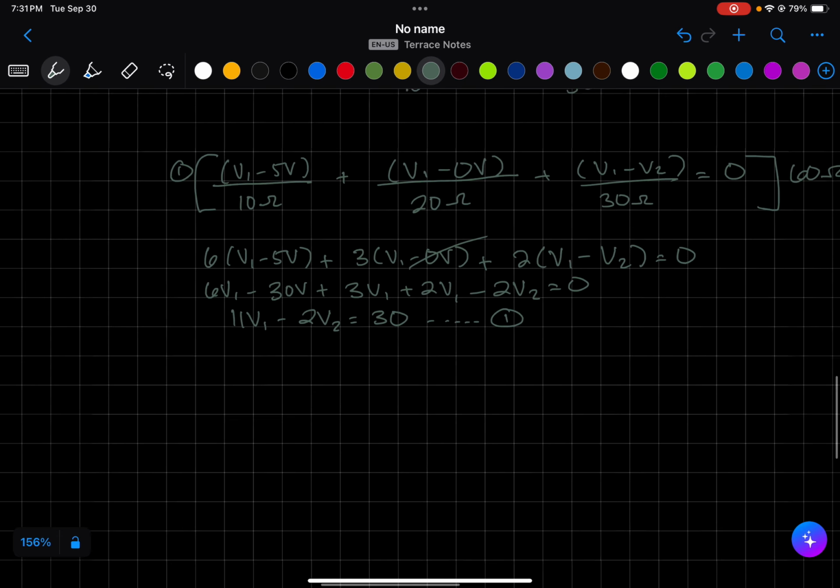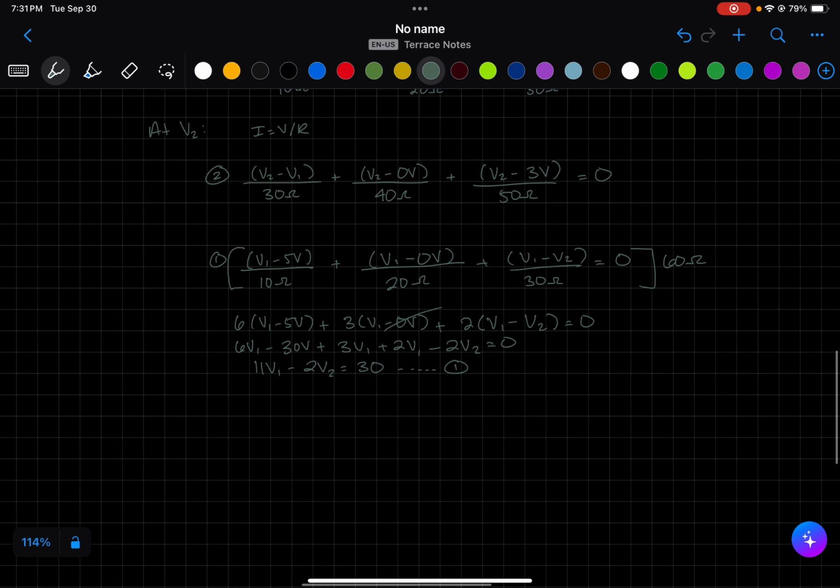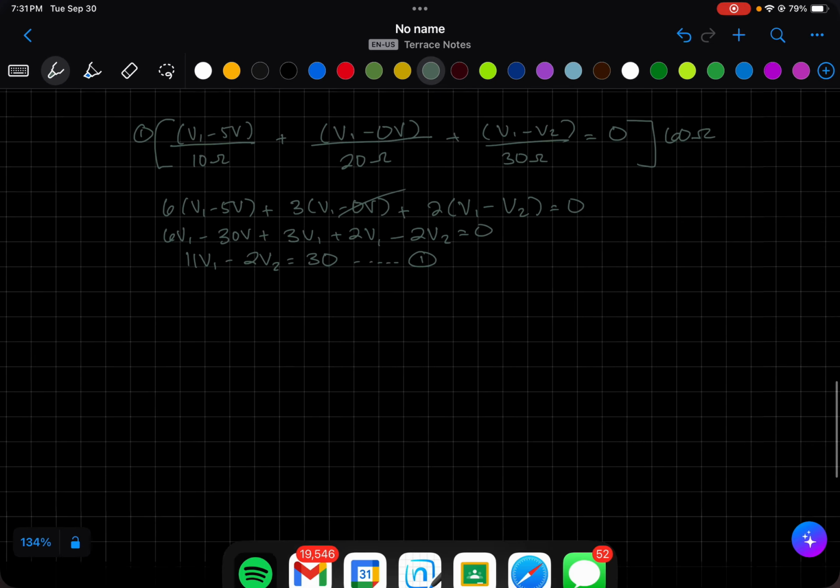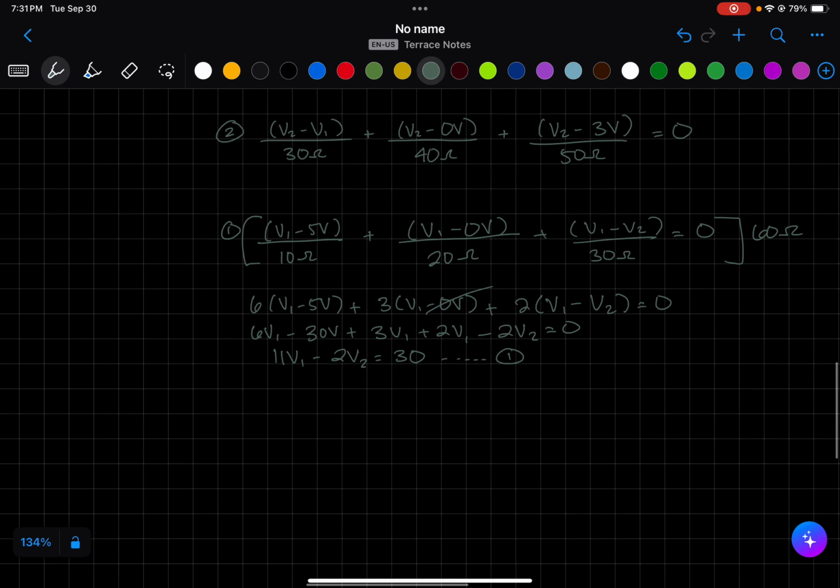Next, we're going to use, what was it, system of algebraic expression or something. I don't remember what the term is called, but we're going to look at equation 2.